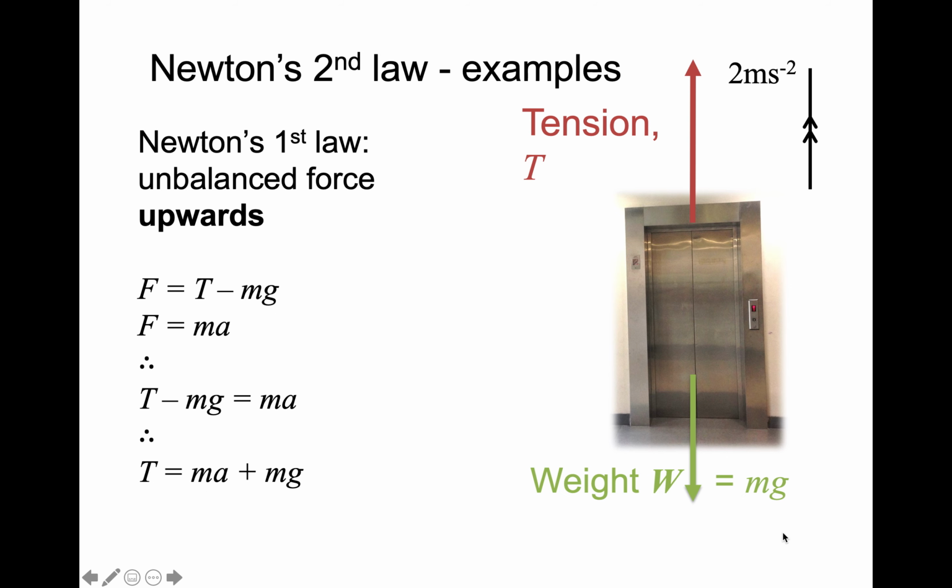So the unbalanced force will be F equals T minus mg. So the overall force must be the tension force minus the weight, which must also be equal to mass times acceleration by Newton's second law. So we can substitute in T minus mg equals ma. So T, the tension force, what we're asking for, equals ma plus mg.